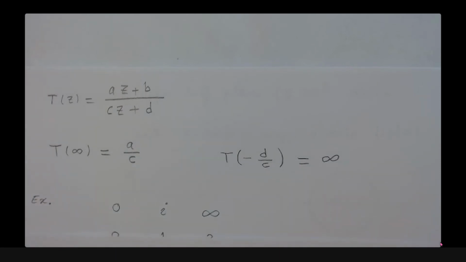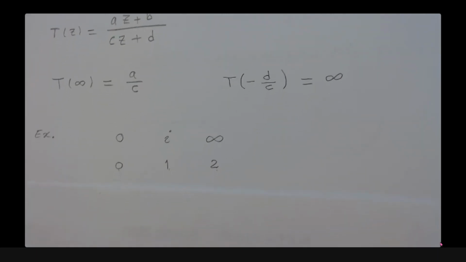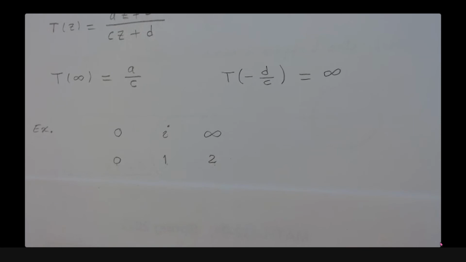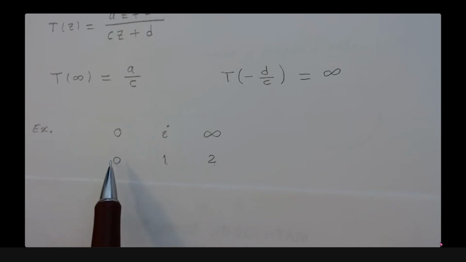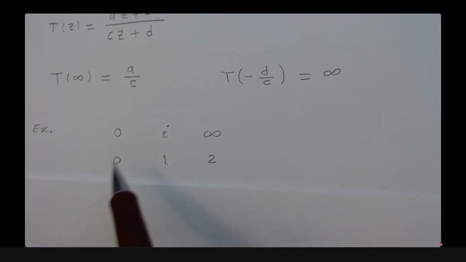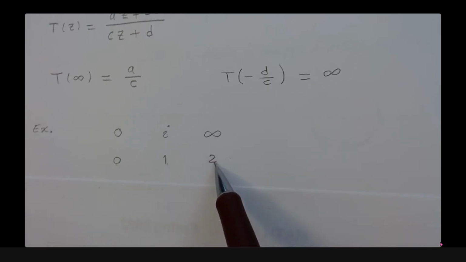All right. And here's an example dealing with infinity. Radley asked about it. This is, of course, one of the examples in which infinity is involved. So I'm going to find a linear fractional transformation that sends 0 to 0, i to 1, infinity to 2.